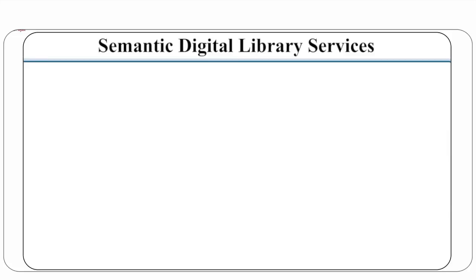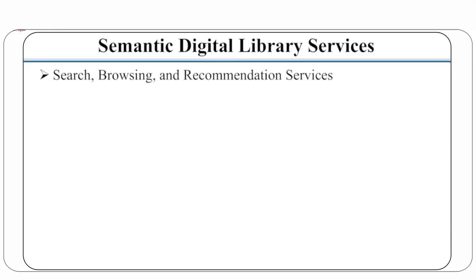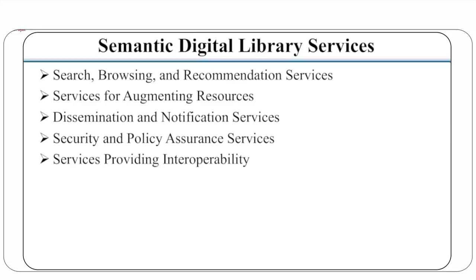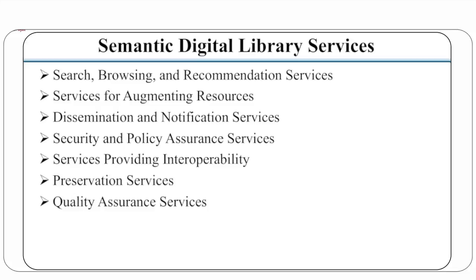Major goals of semantic digital library is to provide the following services: search, browsing, and recommendation services, services for augmenting resources, dissemination and notification services, security and policy assurance services, services providing interoperability, preservation services, quality assurance services, and integrated documentation.